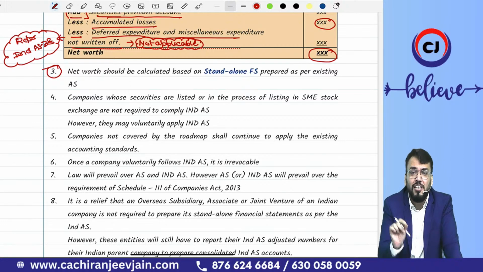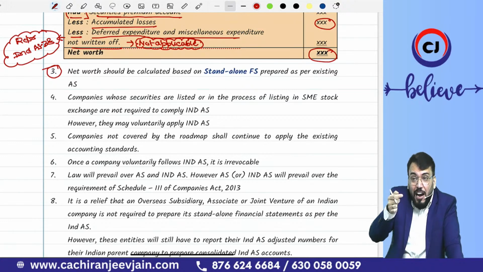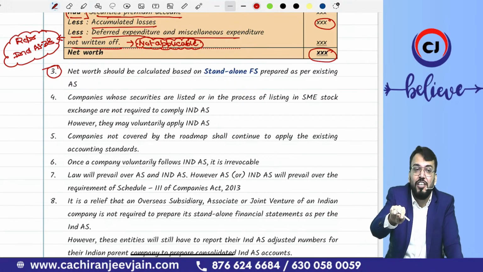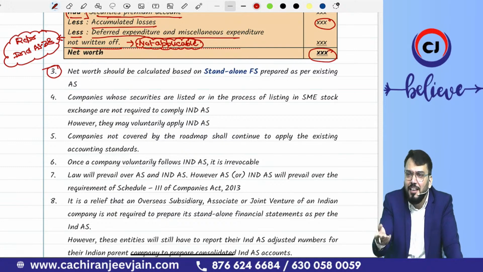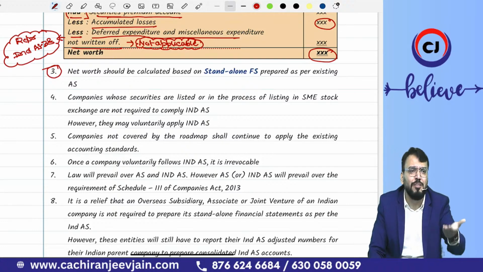Suppose I ask one question, कि net worth should be calculated as per the financial statement prepared as per accounting standard or Ind accounting standard. Means net worth as per which financial statement? AS or Ind AS? AS, because Ind AS is till now not applicable. So how can we prepare financial statements based on Ind AS?